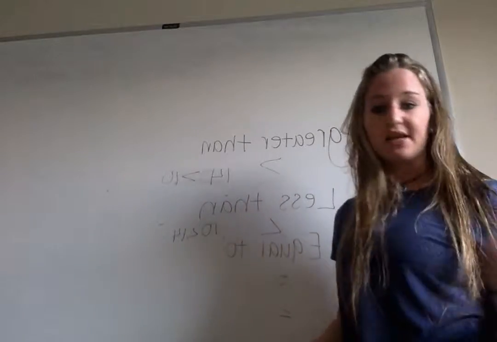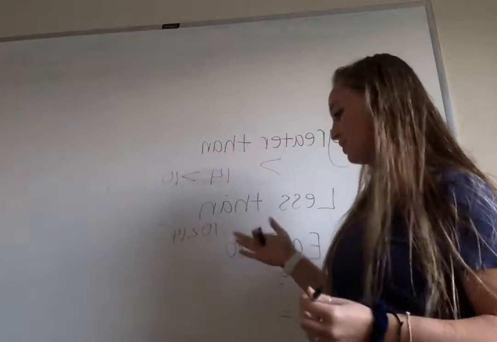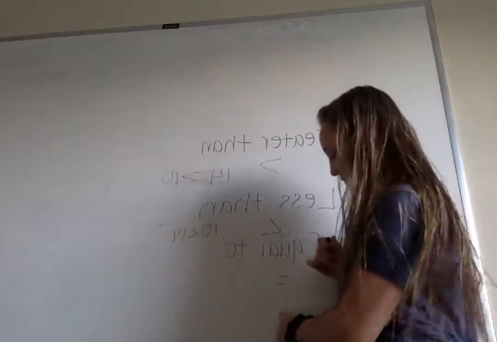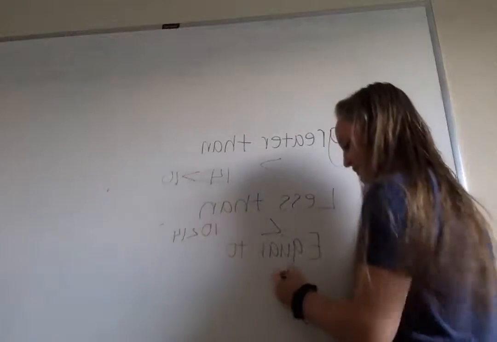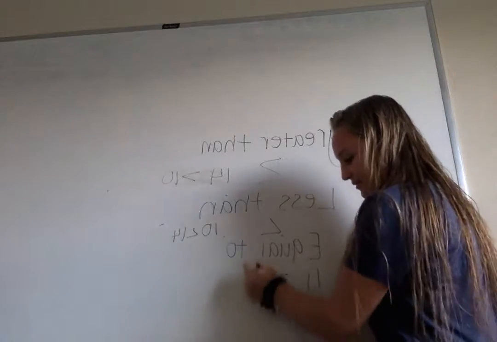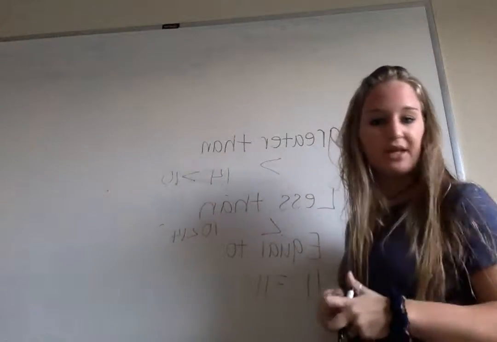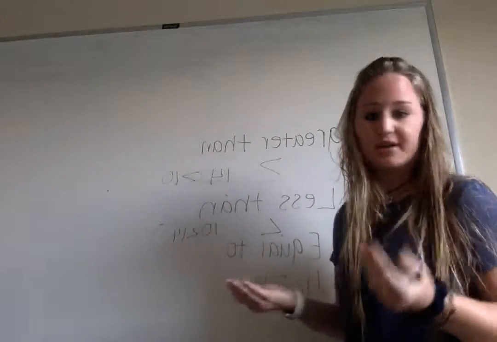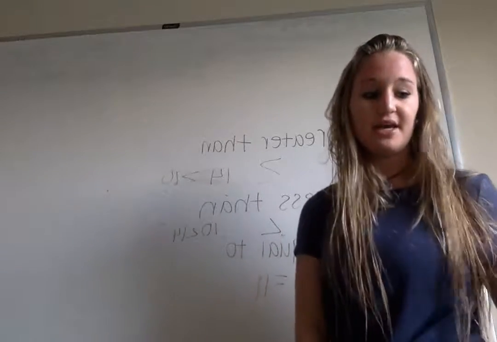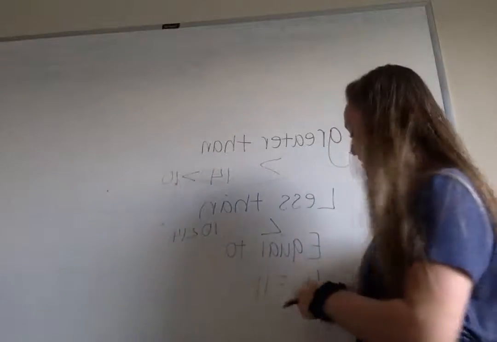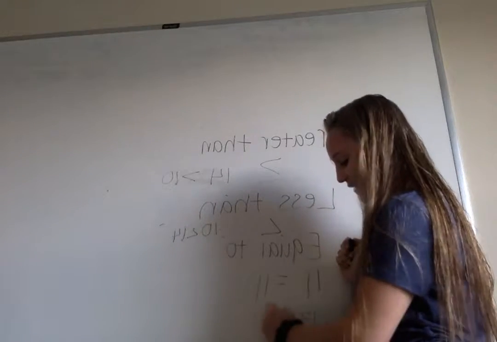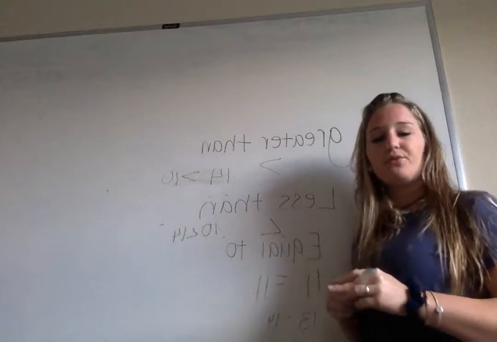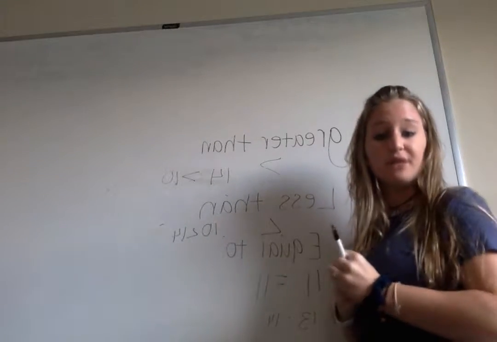Equal to is the same thing as with single digits. What two numbers are exactly the same? So if we have 11 and 11, we just plop an equal sign in the middle because we know 11 and 11, there's no greater than or less than, it's the same number. If we have, for example, 13 and 14, what sign will we put in between?